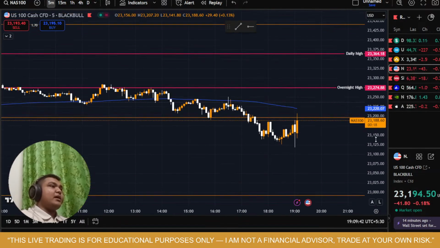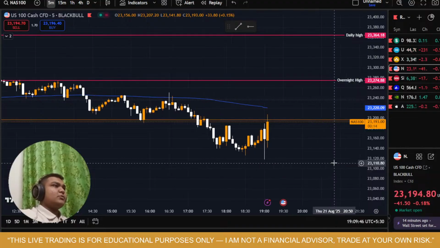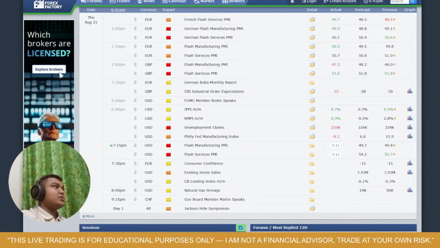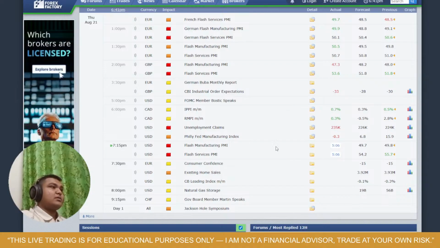Nvidia is at VWAP. It's stuck at this pivot. This can easily go rip at 9, and we have some news in just 5-6 minutes. I'll say 5 minutes.